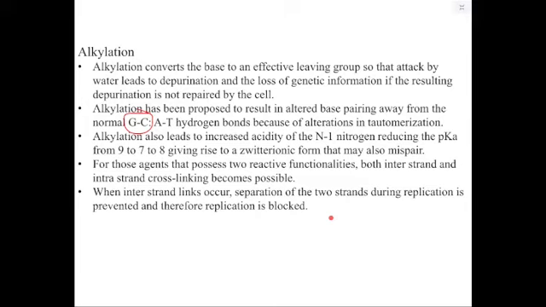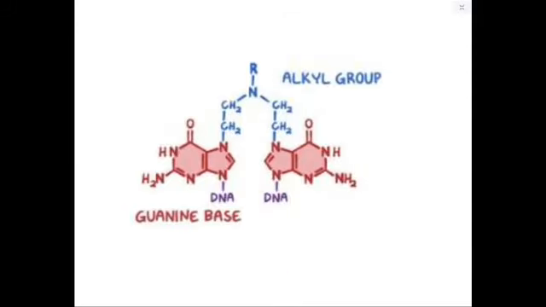Interstrand will bond the two different strands. They cannot separate, they will not allow for replication. When you have the intrastrand within the same strand, it will also have an influence. It might bring about depurination, it might bring different effects on that DNA, and therefore, again, there will be a negative influence on the replication.